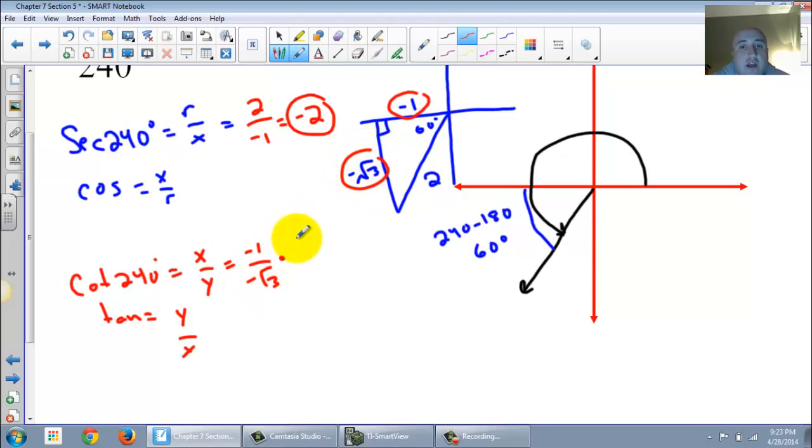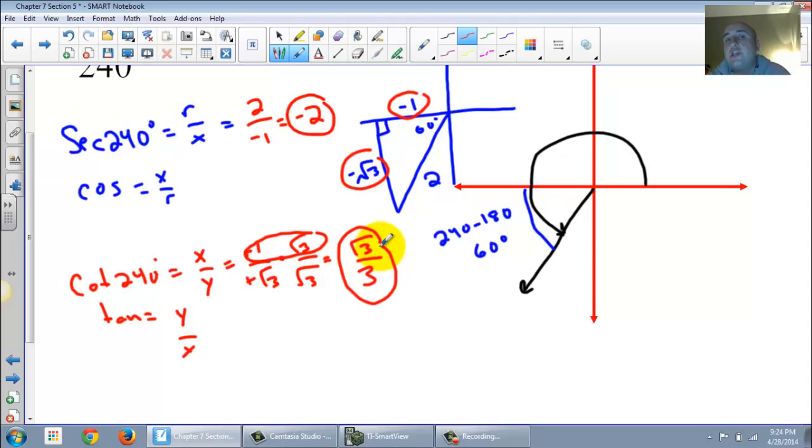So we have to multiply by root 3 over root 3 to get rid of that. And remember, negative over negative is positive, so that doesn't change anything. So what do we get here? 1 times root 3 is root 3. And root 3 times root 3 is just 3. So our cotangent is square root of 3 over 3. Same exact thing. You just have to remember that they are reciprocals of the original three trig functions.